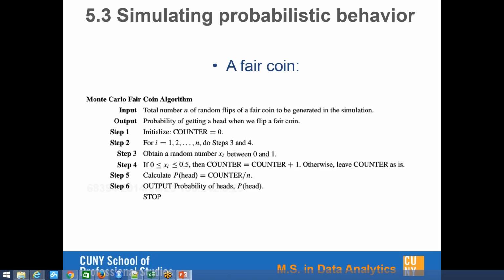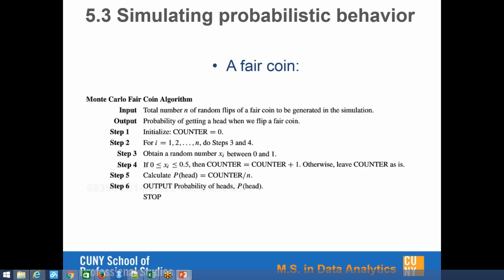And in this case, similarly, we can just initialize the counter, and then for each step, you do steps 3 and 4. You obtain a random number xi between 0 and 1, and step 4 would be to check whether it's between 0 and 0.5. If it is, we increment the counter.